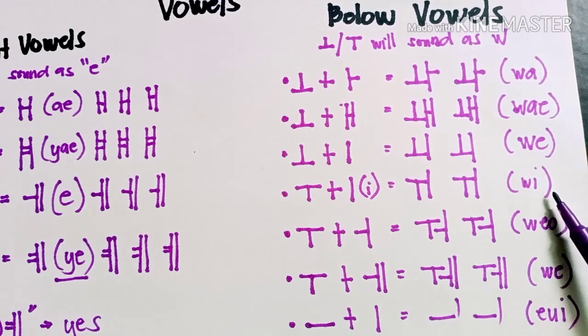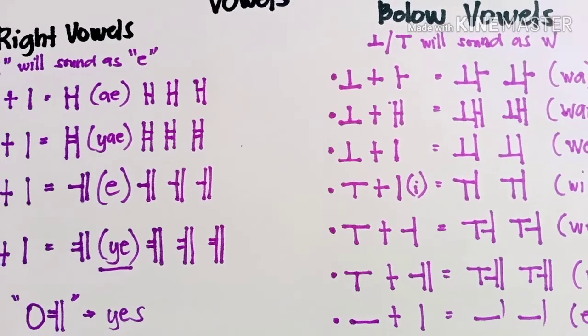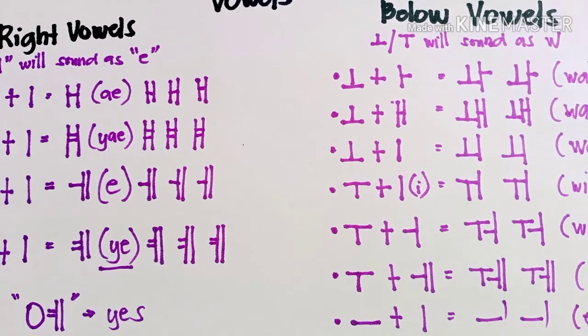This one, harder. Then this one is more complicated, with force. So that's the 7 below vowels and the 4 right vowels.